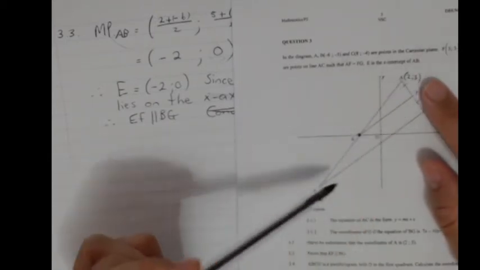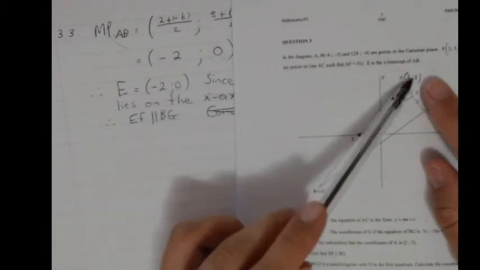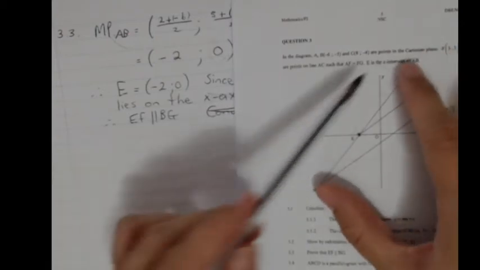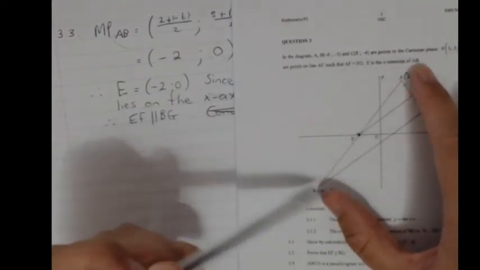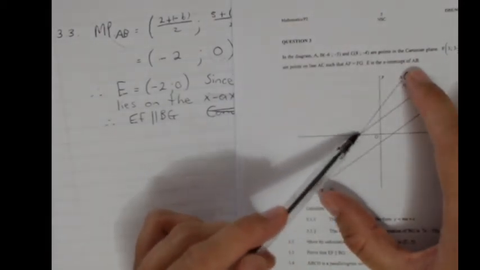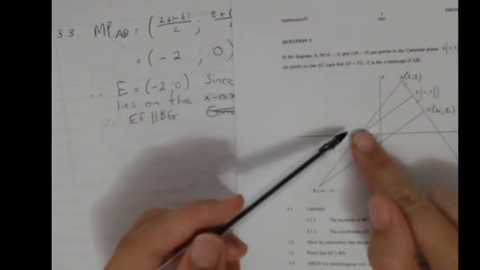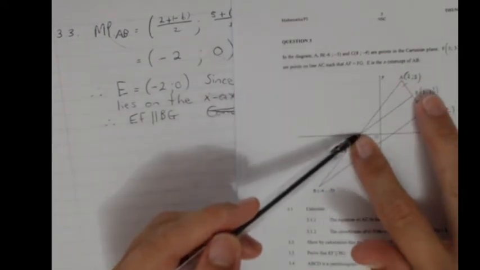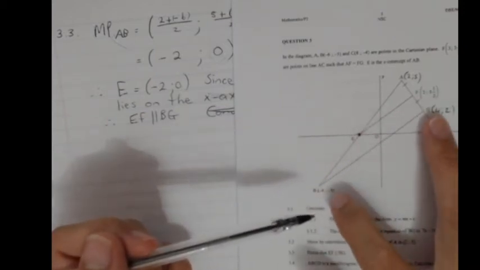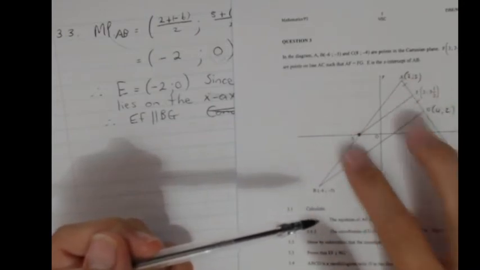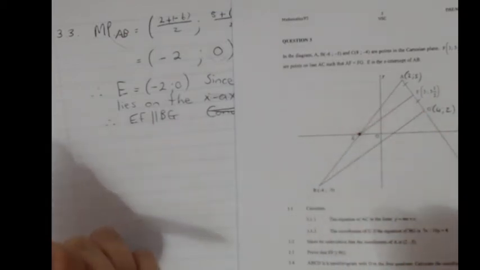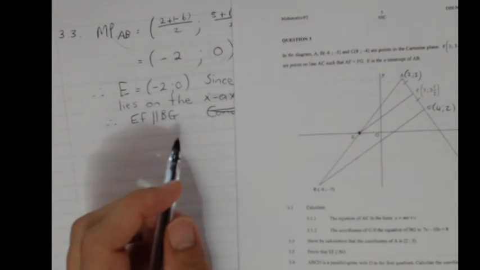You should calculate the equation of AB by using the gradient and then substituting the gradient with one point to calculate the equation of this line. Then you make the y value 0 in the equation of this line to get the coordinates of E. And then if you have the coordinates of E, you use the gradient formula with those two points, and separately you use the gradient formula with the other two points, and that shows that these two lines are parallel if the two gradients are the same. Right, that's a bit of a longer route than this though.